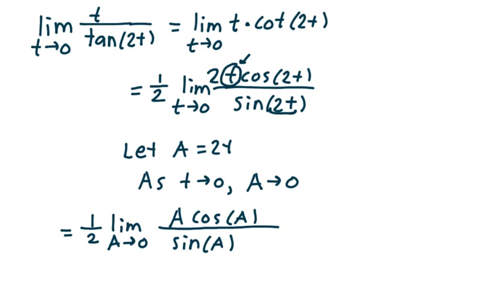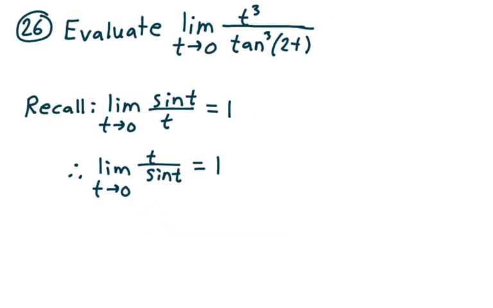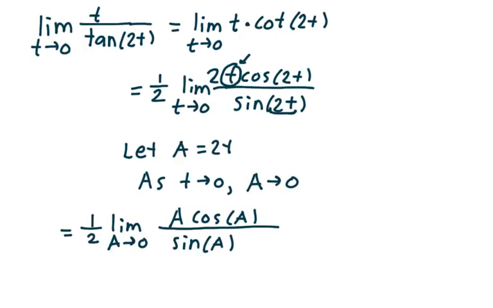Now, let's go back. Remember this, the limit as t goes to 0 of t over sine t is 1. Well, I have the limit as a goes to 0 of a over sine a. If I just focus on this piece, as a goes to 0, that will go to 1. And so what I have left is 1/2 the limit as a goes to 0.